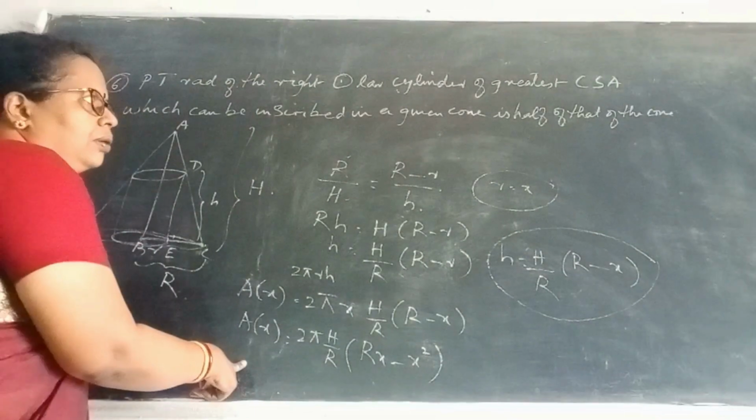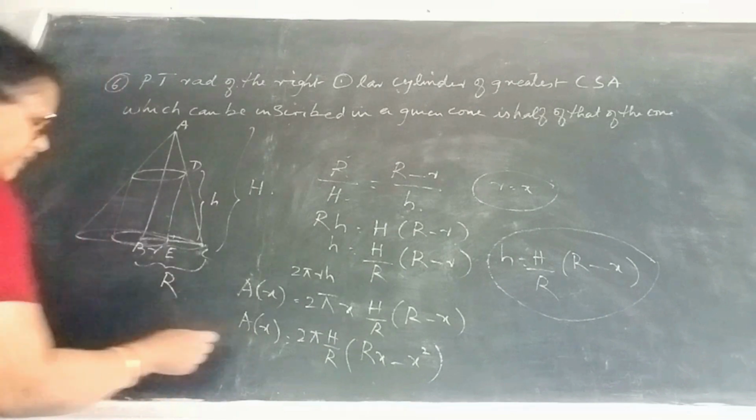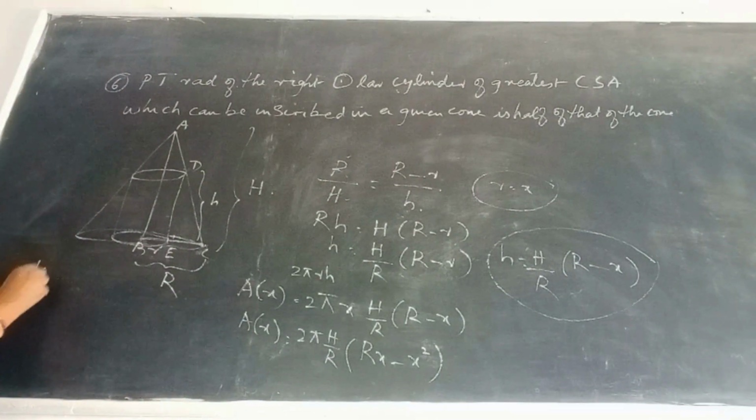For maximum or minimum, the first derivative should be 0. What is the first derivative, A dash x?